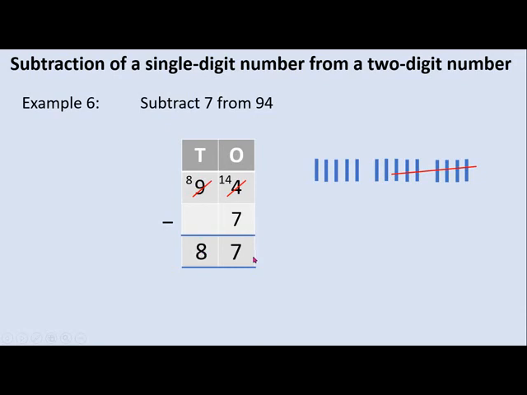So if you subtract 7 from 94, you will get 87 as the difference between those two numbers. I hope you understood the method of subtracting a number from the other by regrouping and without regrouping.